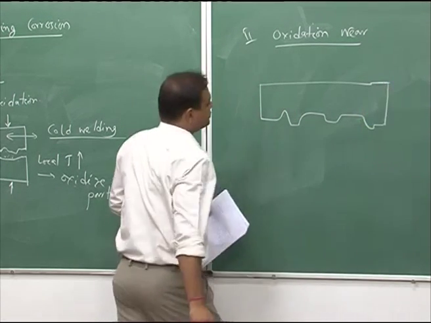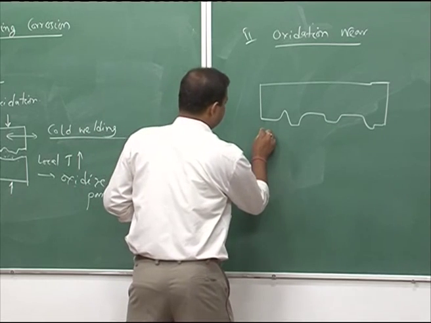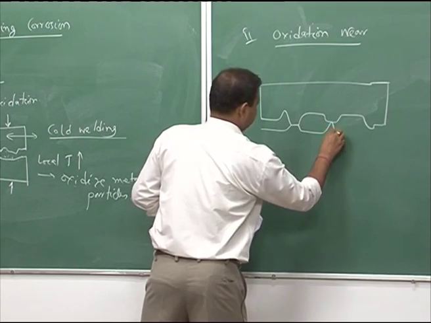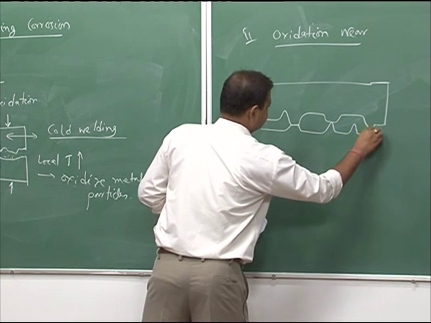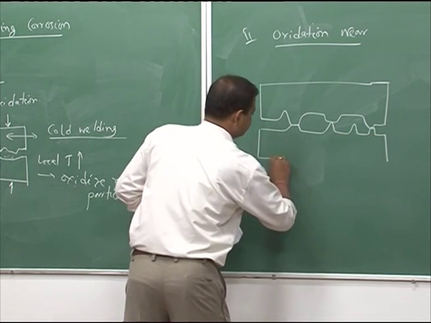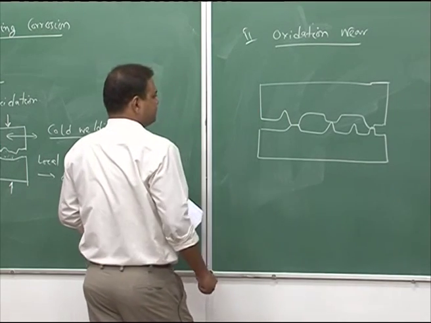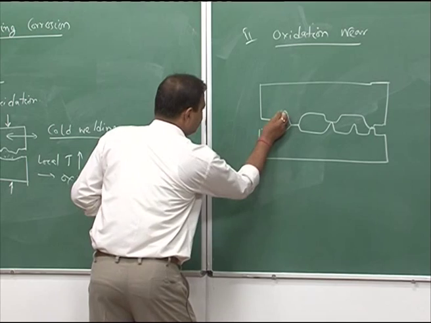This is the metal surface, the top one, another metal surface is like this, and always there is the oxide layer.